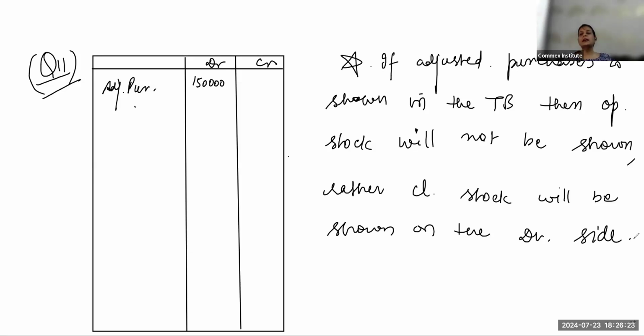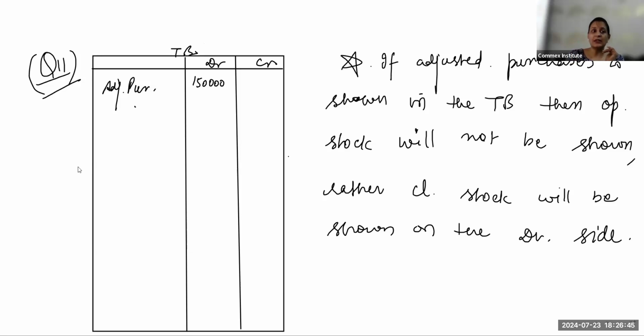Usually we have purchases and opening stock shown on the debit side, and closing stock is shown under the trial balance. The usual practice is purchases is shown as debit, opening stock is shown as debit, and closing stock is shown under the trial balance.